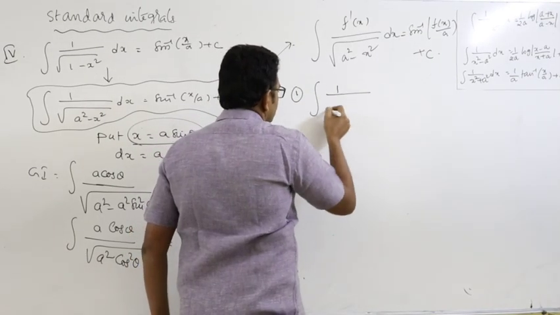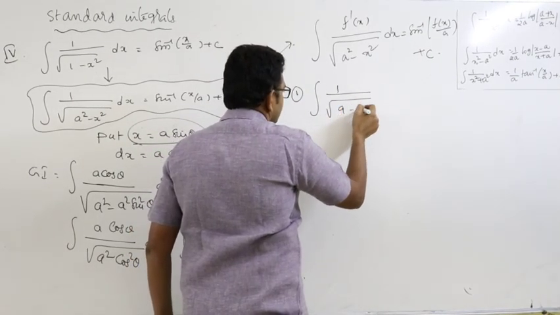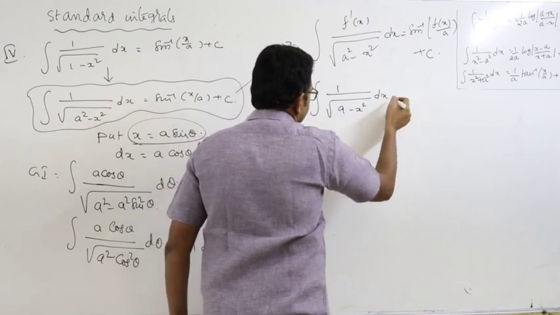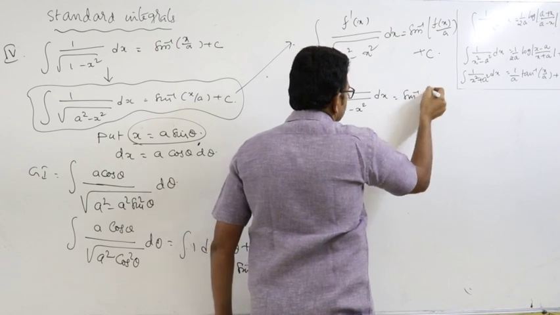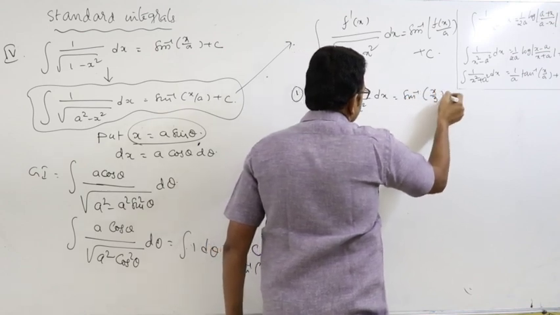Integral 1 by root of 9 minus x square dx. So, this is 3 square, answer is sin inverse of x by 3 plus c.